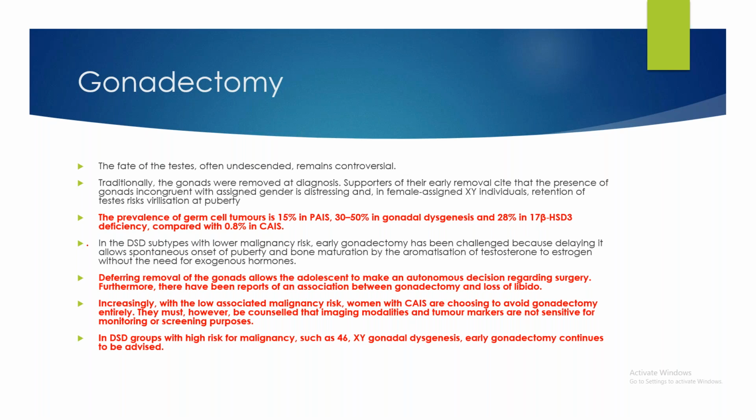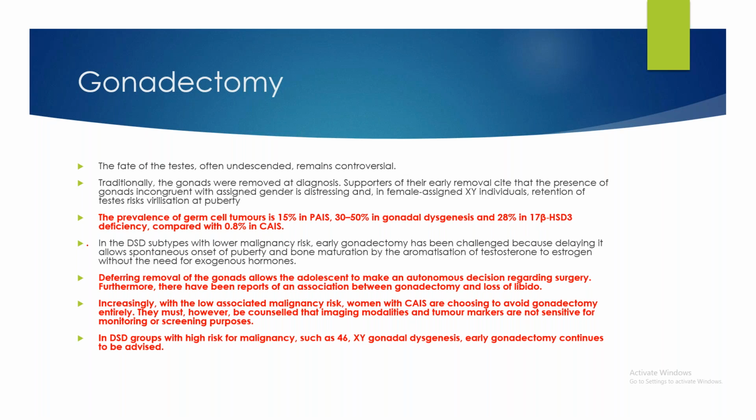The advocates of early gonadectomy said that assigning gender is distressing afterwards because of the presence of gonads, as there may be gender identity changes. There is also a risk of retaining the undescended testes, as they will carry virilization, or there may be chances of malignancy.